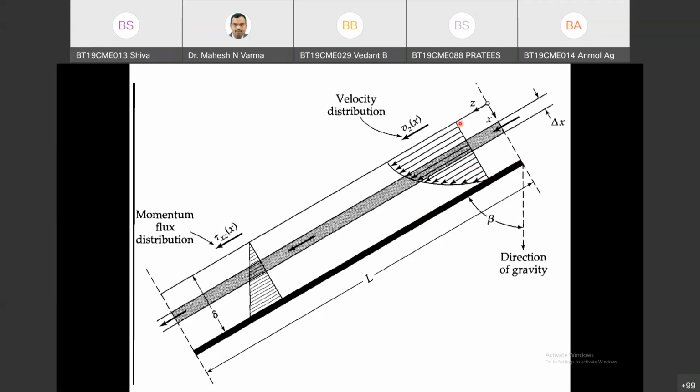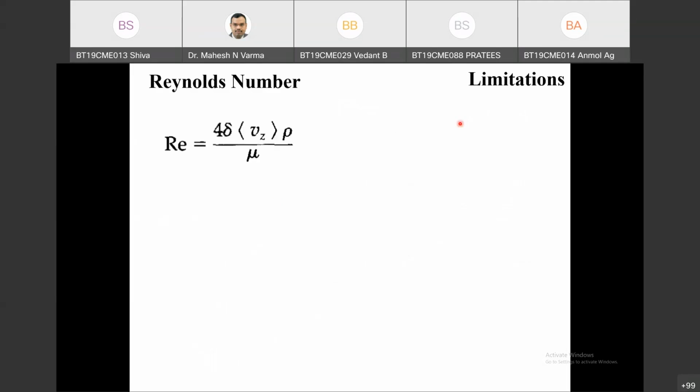So the range of Reynolds number all depends upon the definition of Reynolds number. Here, 4 into delta is used as the characteristic length. There, the bulk velocity was used as the characteristic velocity; here, the average velocity over delta is used as the characteristic velocity.